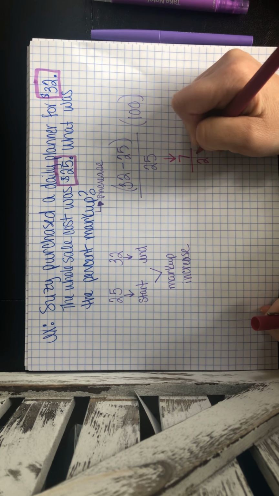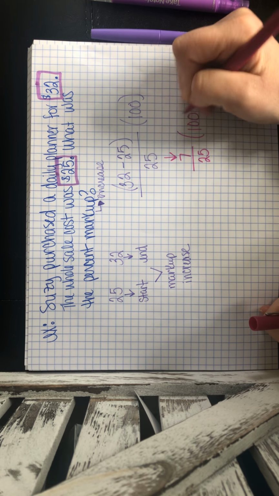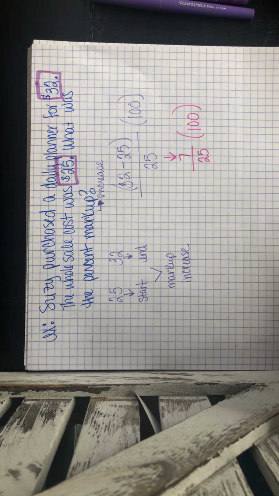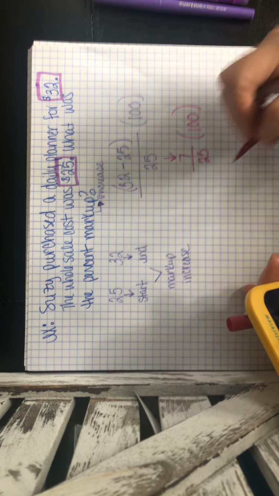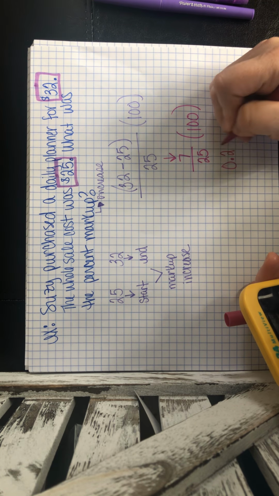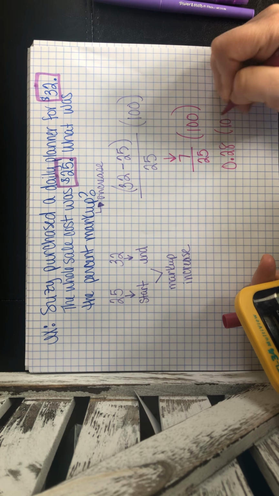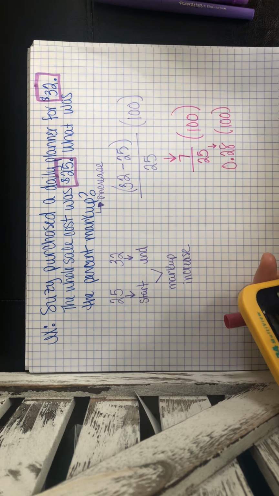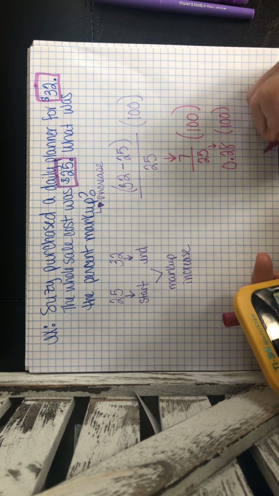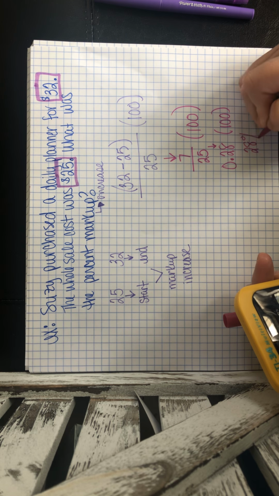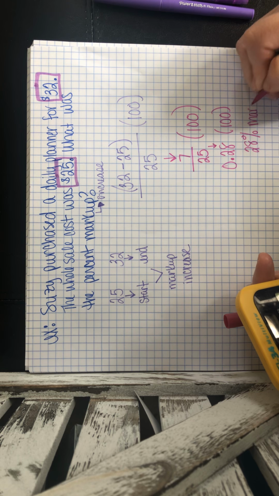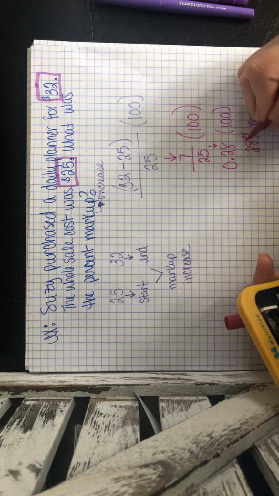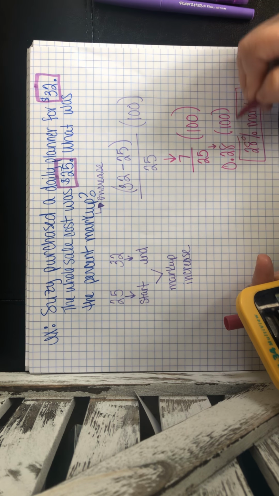We're going to divide that by 25 and then multiply that answer by 100. If we do 7 divided by 25, we get 0.28, but we still have to multiply that by 100. So we move it over 2 places to the right and we get a 28% markup. So there's your answer for that one.